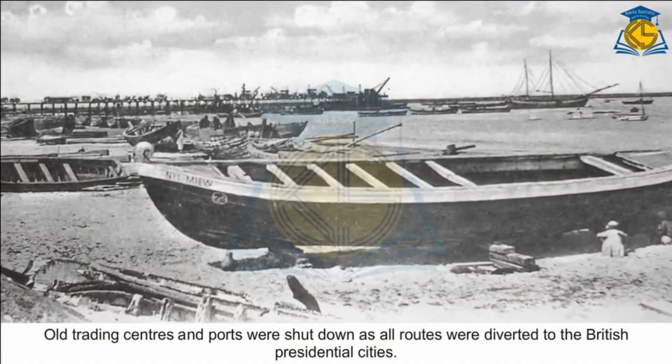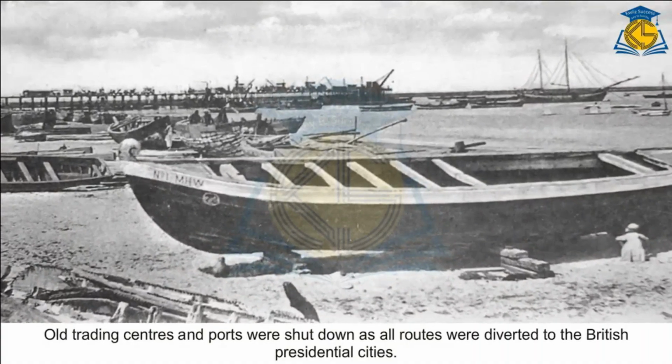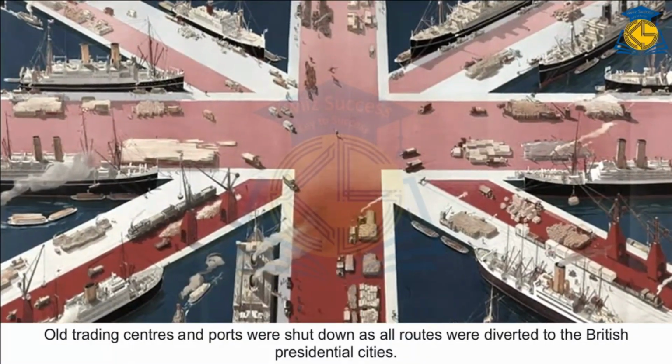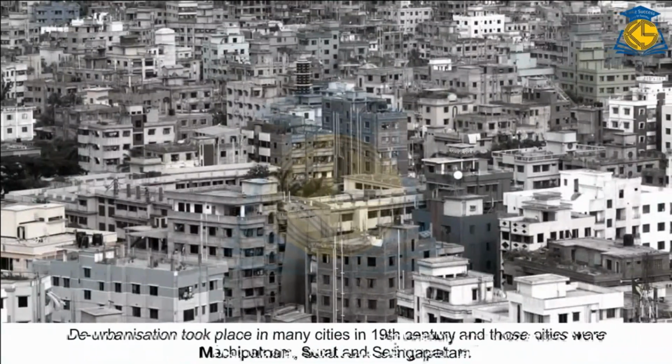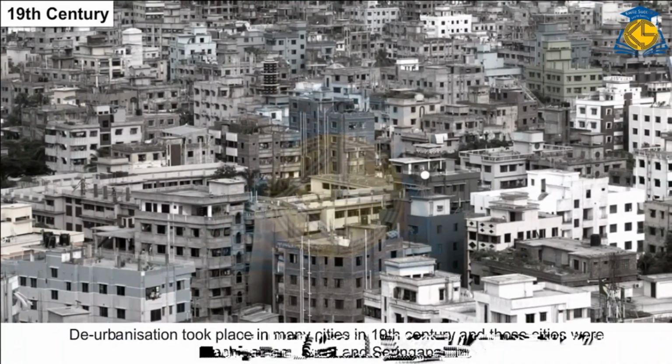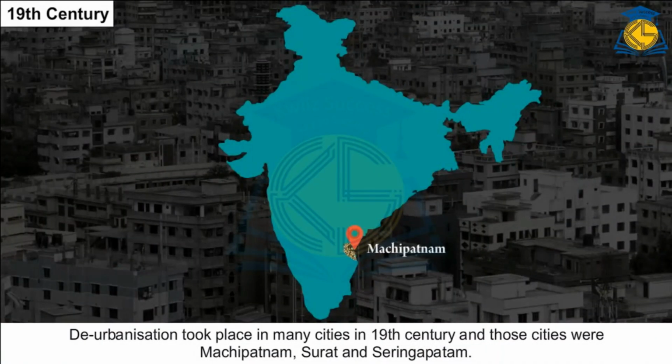Old trading centers and ports were shut down as all routes were diverted to the British presidential cities. De-urbanization took place in many cities in the 19th century, and those cities were Machilipatnam, Surat and Seringapatam.